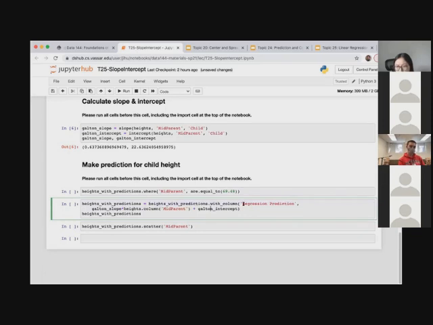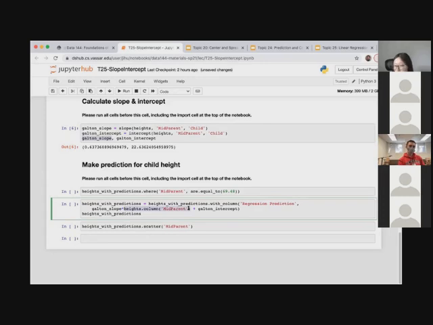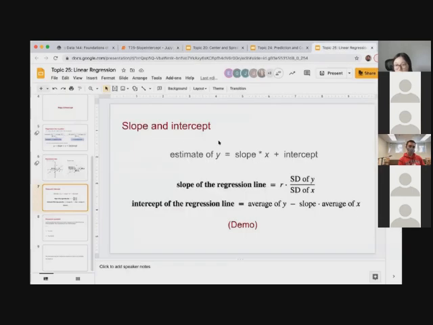Sorry, we are adding it as a new column, the regression prediction. In particular, we get the slope that we computed earlier, multiply that with the height of the mid-parent, and then add the intercept. So the prediction is exactly this line, and that's what we're writing over here. The estimate, or the predicted value of Y, is the slope that you computed times X plus the intercept.